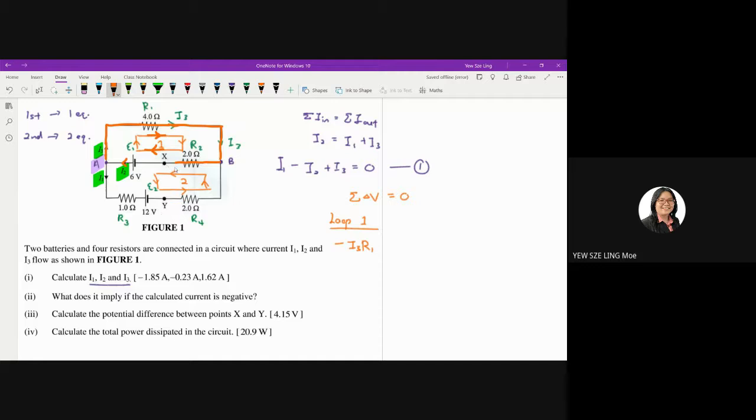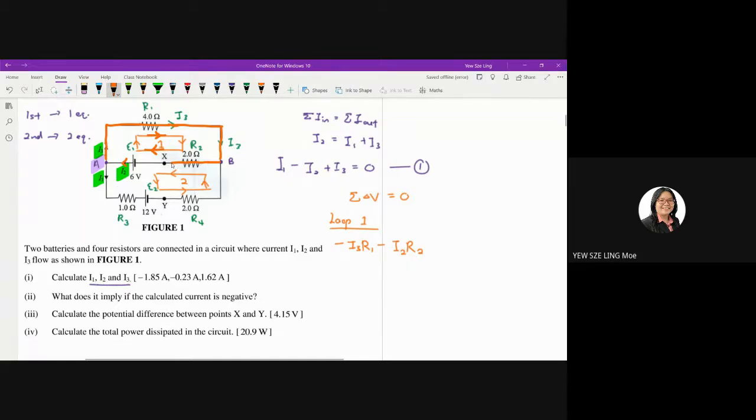Since both point in the same direction, I have a negative value, because it drops. But it's no longer I3, it should be I2, because I2 is the current flowing through R2 along this horizontal line. So negative I2 R2.